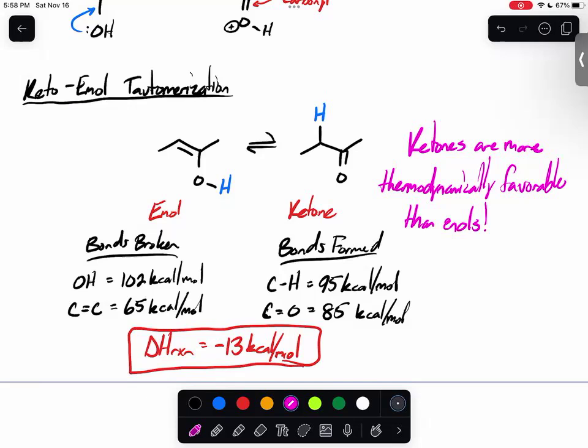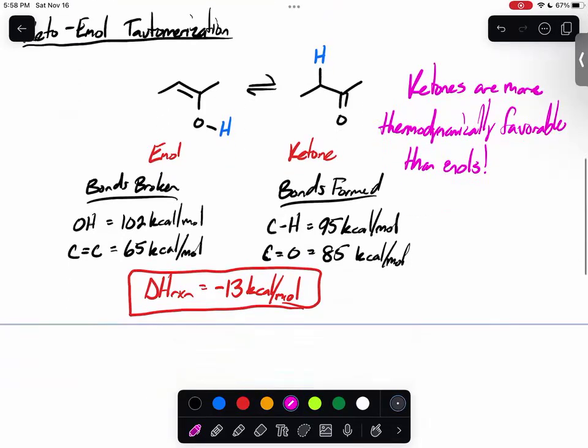So this entire idea is tautomerization, right? And what this is based off of is the idea that enols and ketones are tautomers, right?